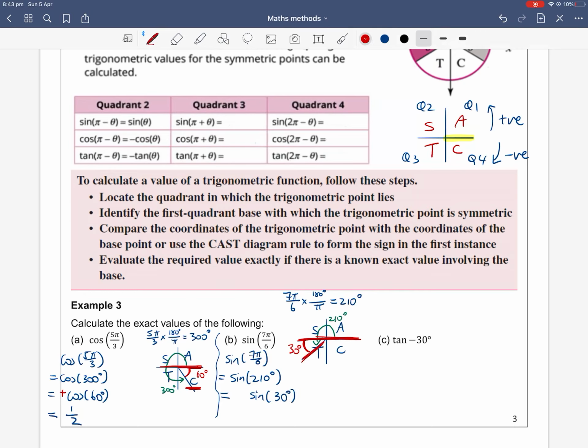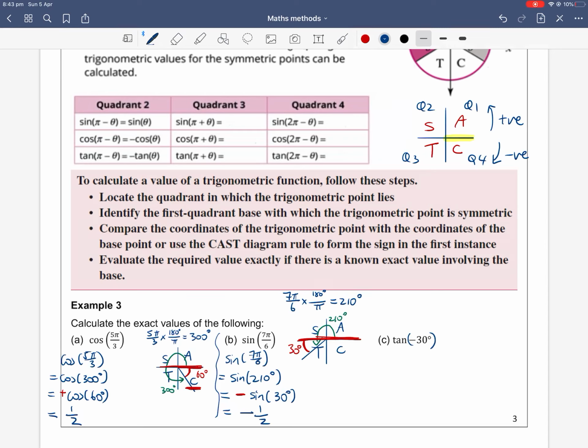But take note, we're in the T quadrant, so sine is going to be negative because it's not tan. Sine of 30 degrees in exact values is 1/2. So sine of 7 pi on 6 is negative 1/2.